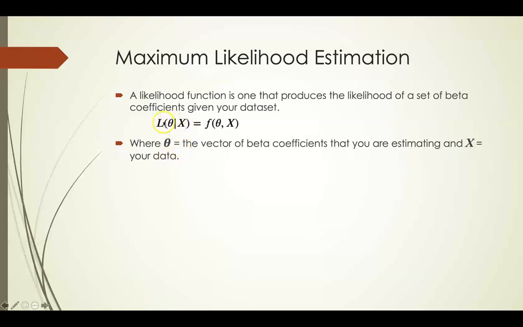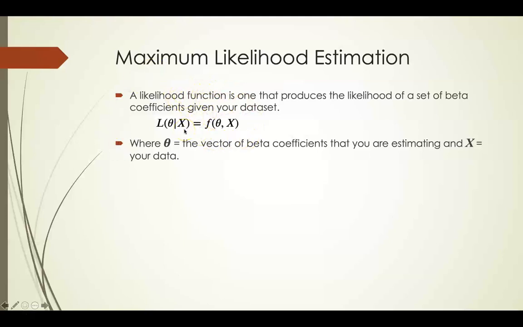The left part of the equation can be read as the likelihood of theta given your data. It's always conditional on the data that you have, because the beta coefficients are estimated from your data. And that's equal to some function of your vector of beta coefficients and your data.